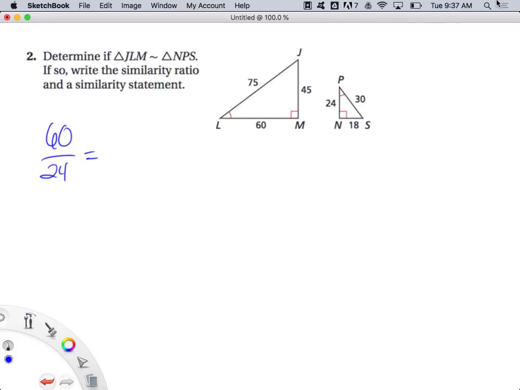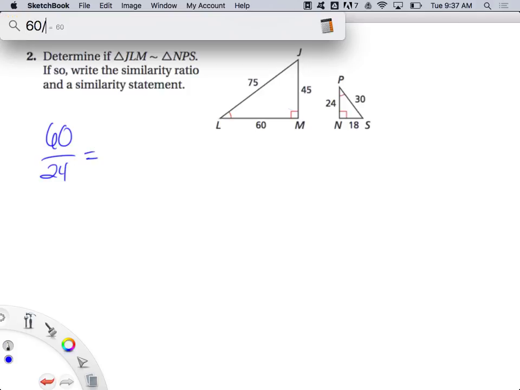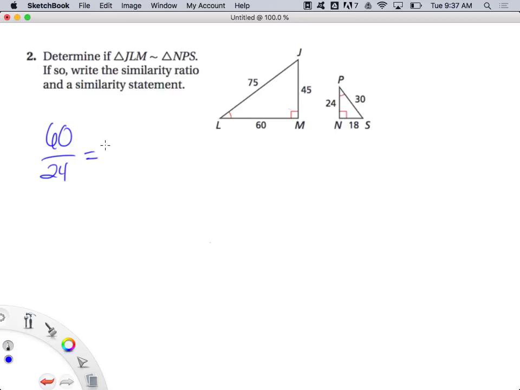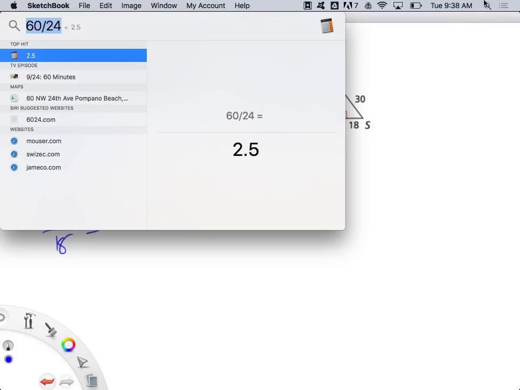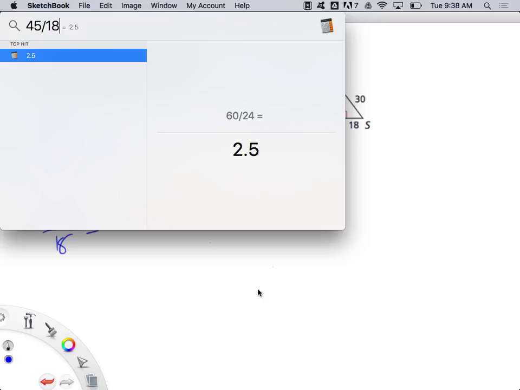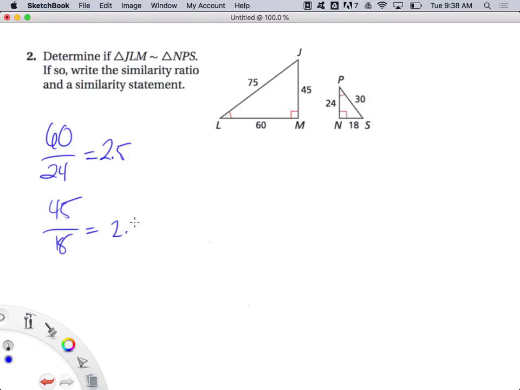So I'll do 60 divided by 24 to find the similarity ratio, which is 2.5. Then I'll do the other side here, which is 45 over 18. And I'll see if that stays the same. 45 over 18 is 2.5, so it looks good so far. And finally, the hypotenuse is 75 over 30, which again is 2.5. So they all have the same similarity ratio.